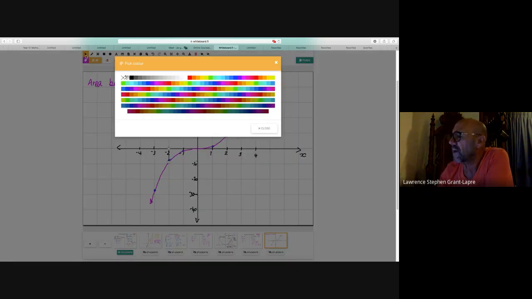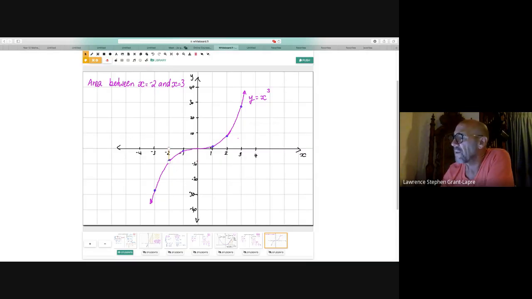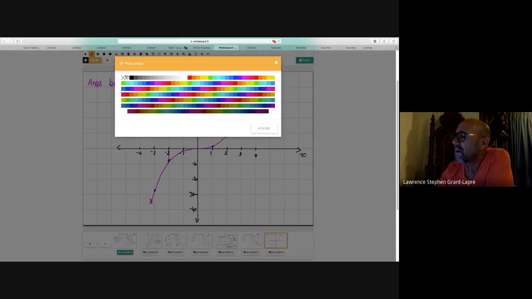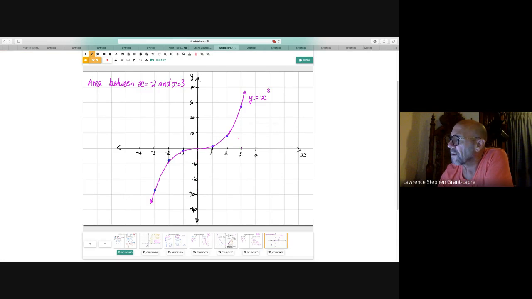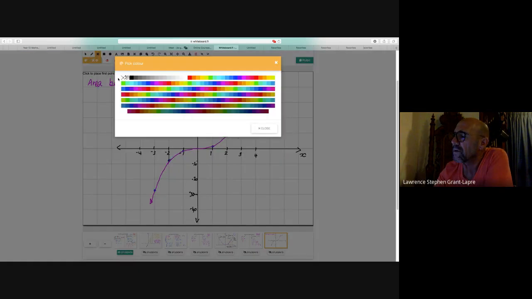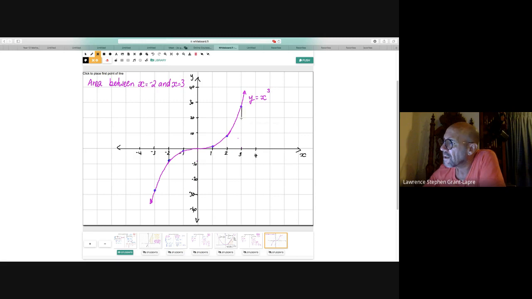So we're talking about this area here, between the function and the x-axis, there we go, and in here. All right, so hopefully you can see that.